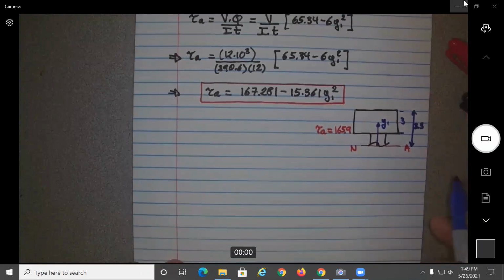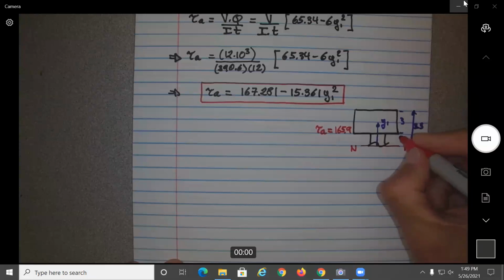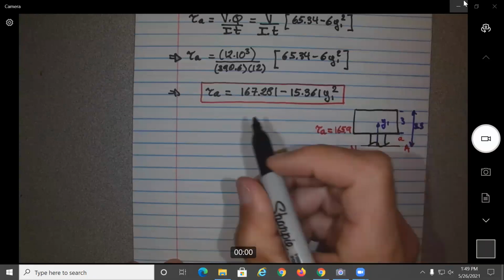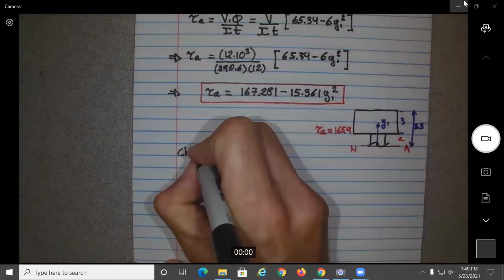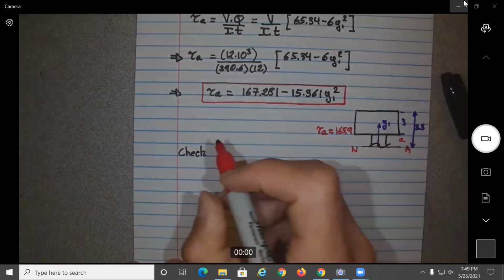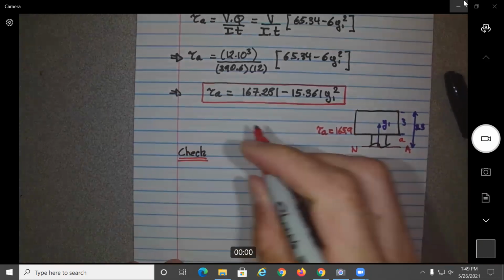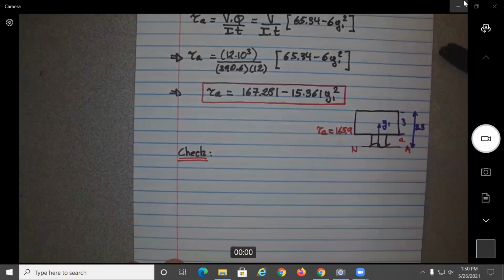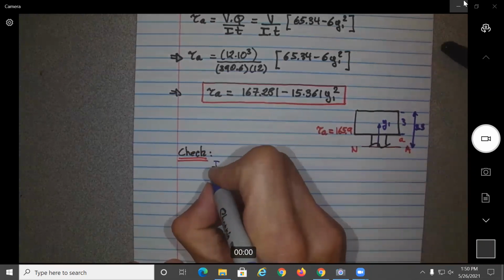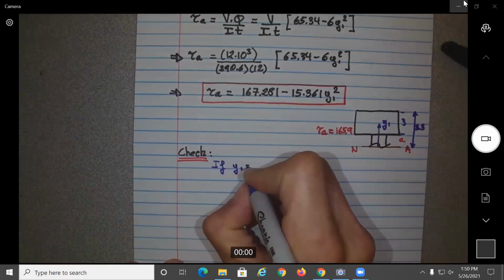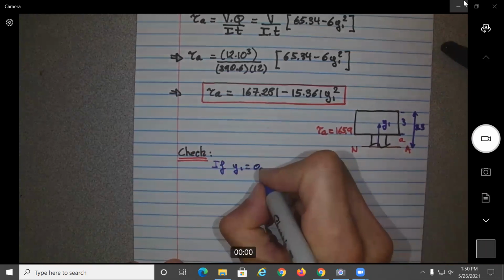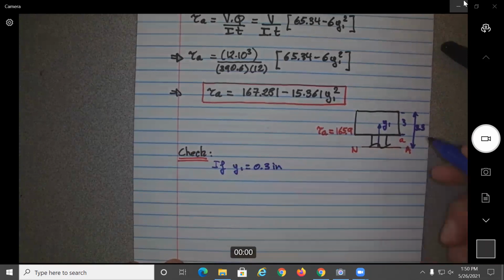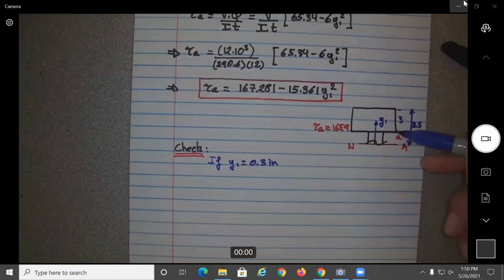So if we want to check the value here at point A, what should y sub 1 be equal to? Again, I'm not going to have the value, but I should know the answer. y sub 1 will be equal to what? 0.3 inches will be that distance, no?